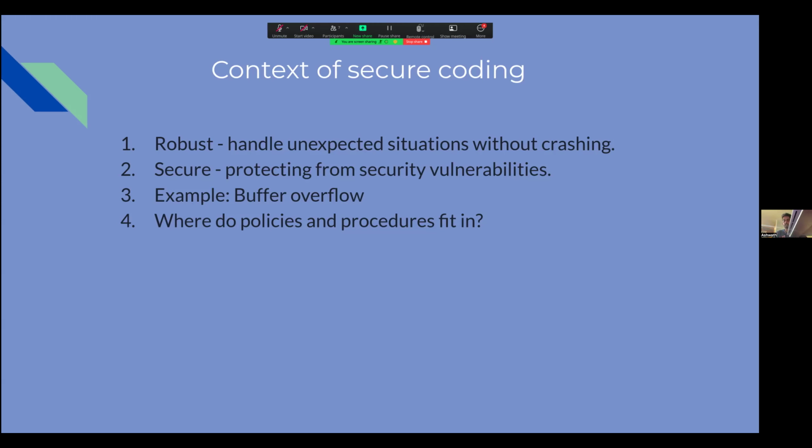So in this context, we are not only trying to avoid unintended behavior, but we are trying to protect the program from exploiting vulnerabilities, right? So the ideal situation is the program should be robust as well as secure. It handles unexpected inputs and errors very gracefully.